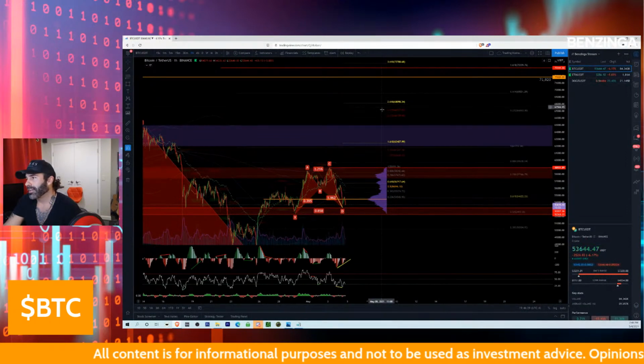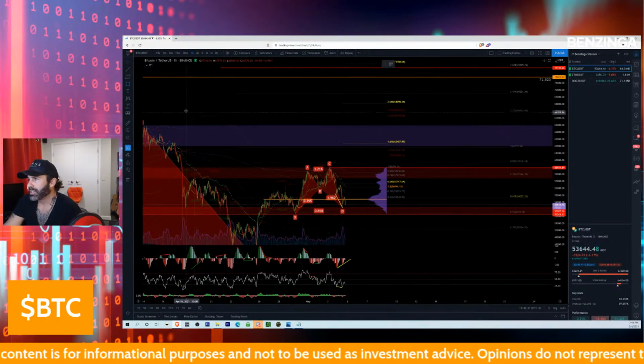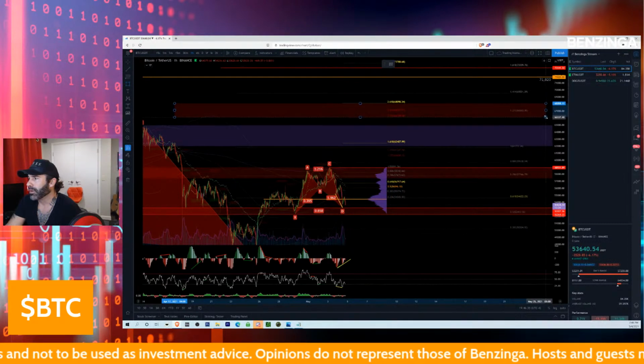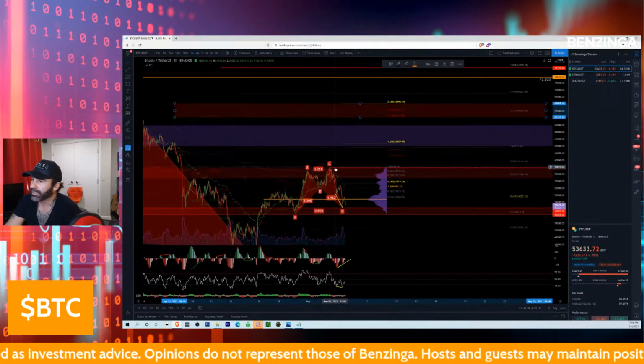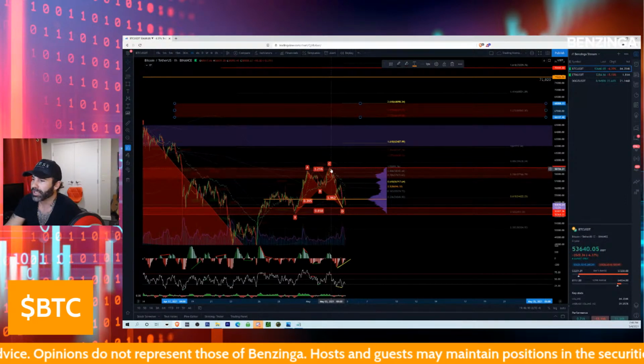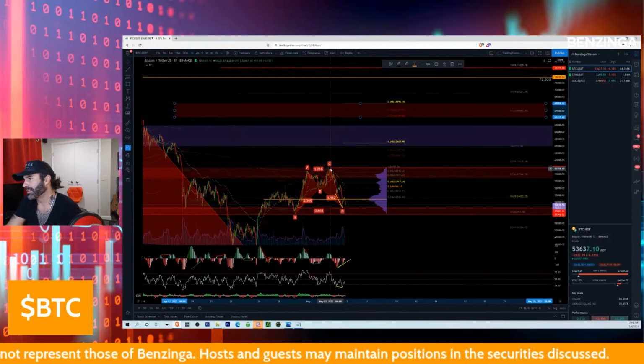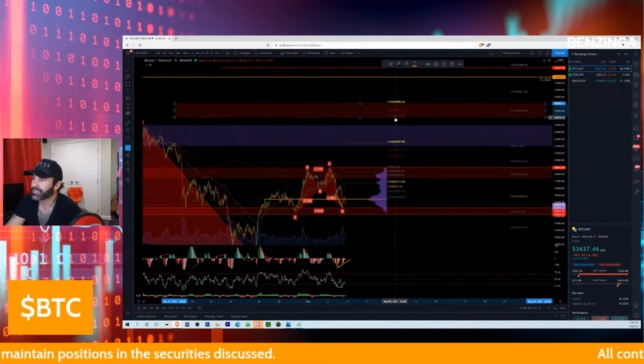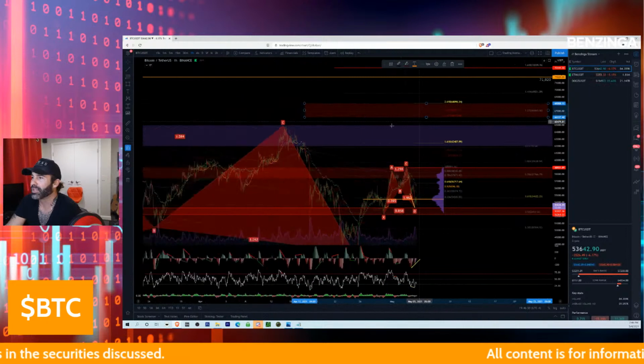So you've kind of got confluence, generally speaking, in this zone. If we do end up breaking this high down here, this resistance we hit yesterday on Bitcoin, first place I'm looking is 62.4, and then this 66 to 68 range.